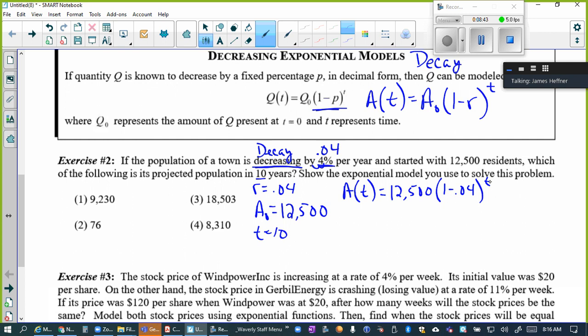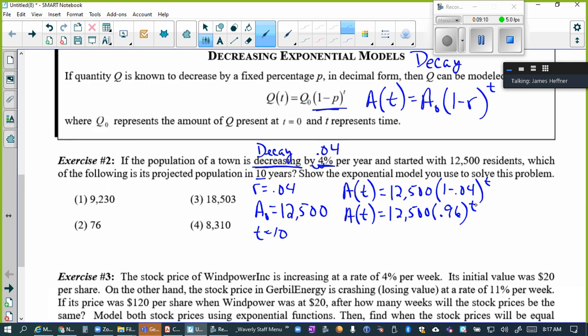And in the middle here, let's simplify that. So A of t, in the parentheses there, 12,500. What's 1 minus 0.04? 0.96. Hey, that's between 0 and 1, right? So you can see that's going to have to be decay.